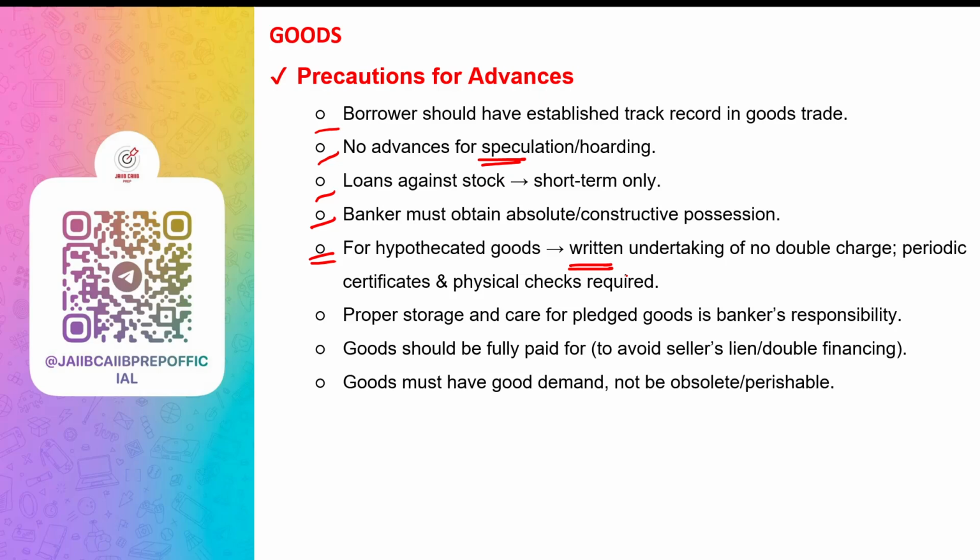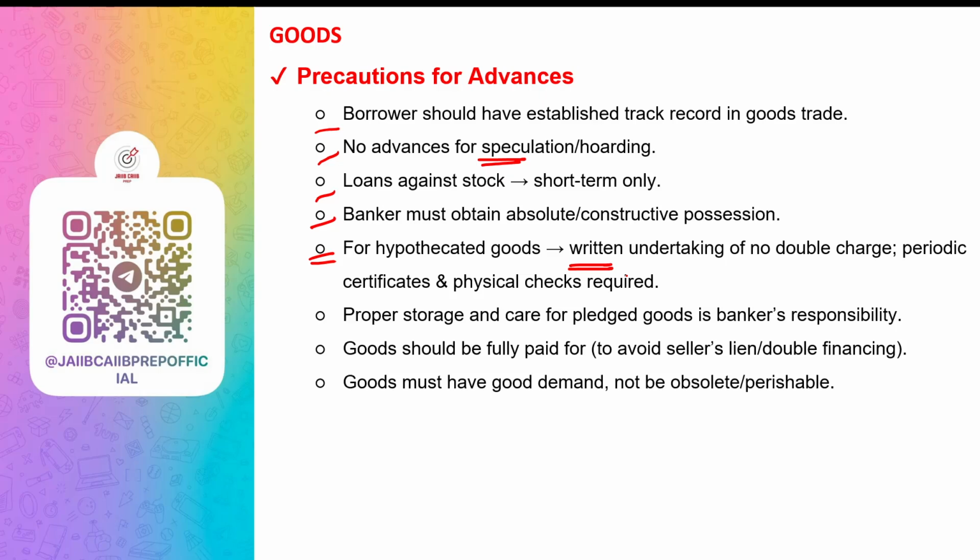Stock must be in demand and not obsolete. You verify the borrower's ownership using original invoices. Maintain the stipulated margin. Always keep separate storage of different goods for easy checking. Banks must study goods price, trend, market demand, and storage needs. There should be adequate insurance against fire, theft, and riot.